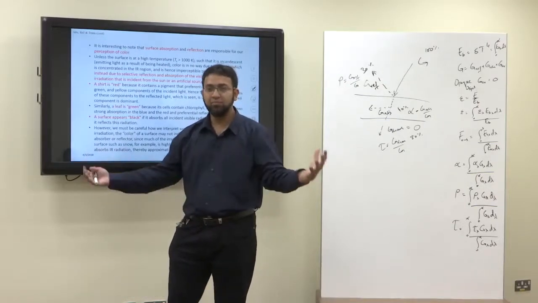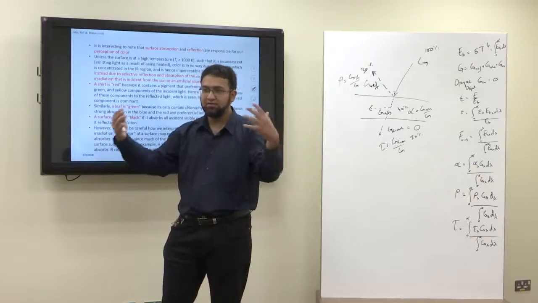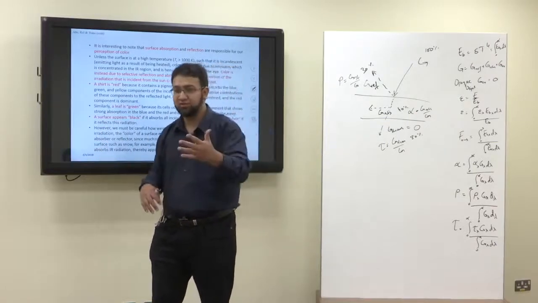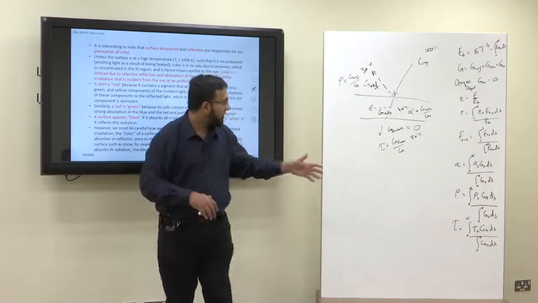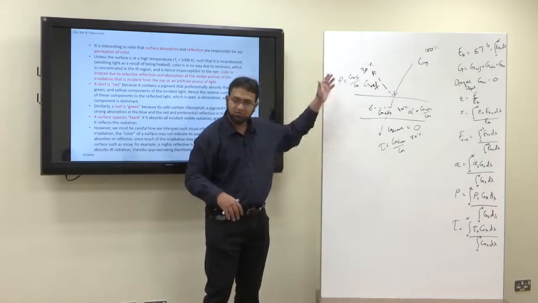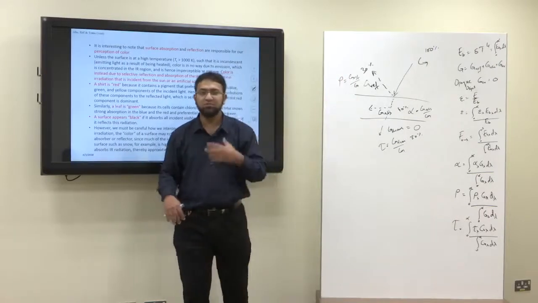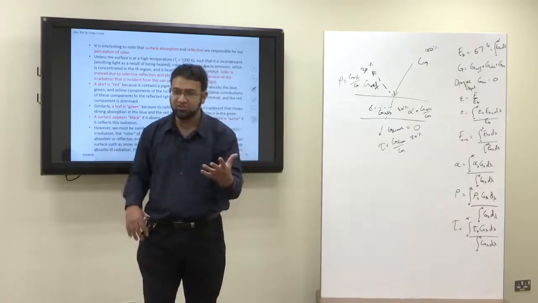While it is absorbing incoming radiation, it is also emitting radiation. There is no emission here; we just talked about reflectivity, absorption, transmission. Emission is a property of the material's temperature.